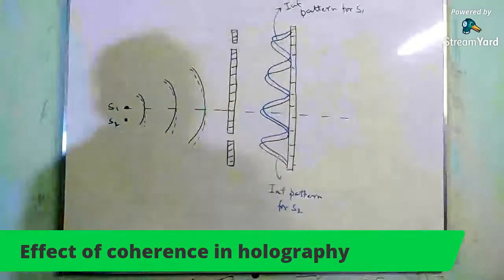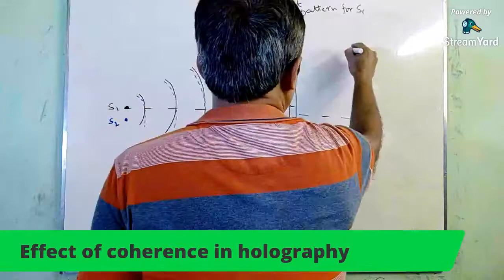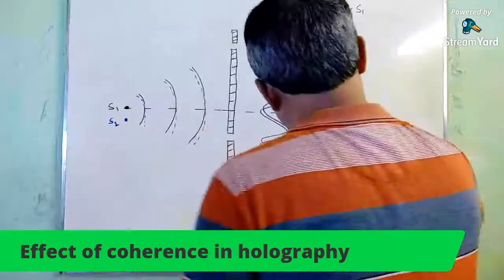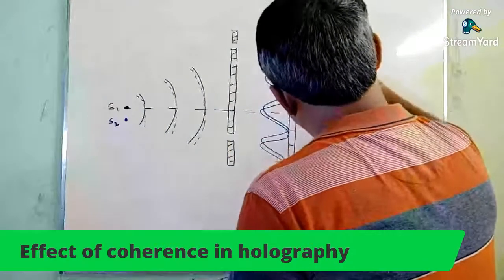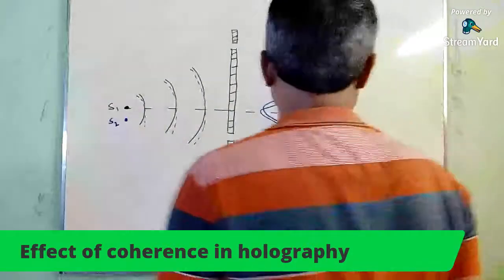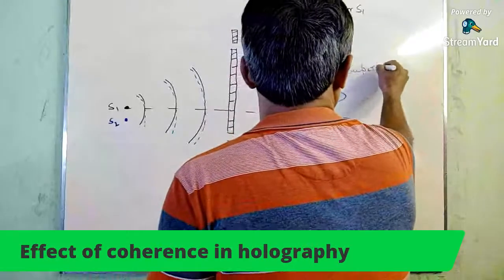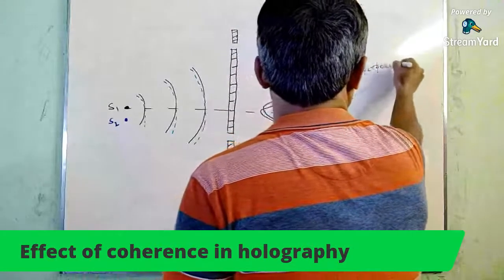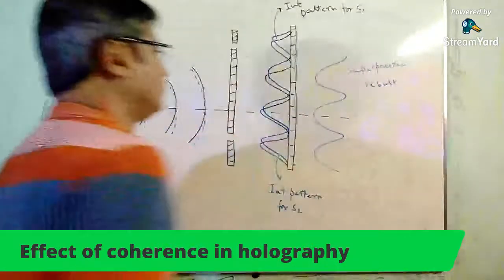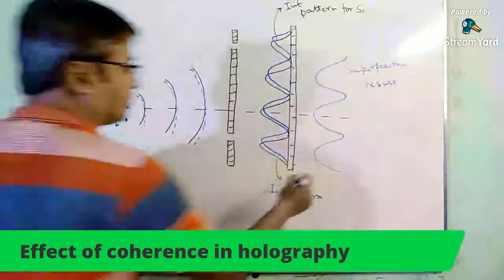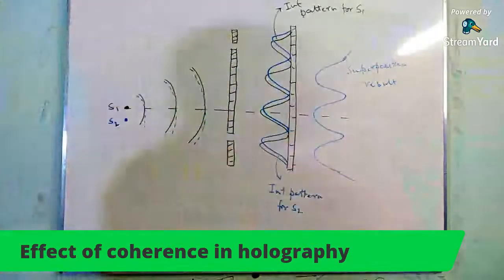Okay. Now here the superposition results in the resultant wave. This is the superposition wave. Superposition result. Now this is the superposition.